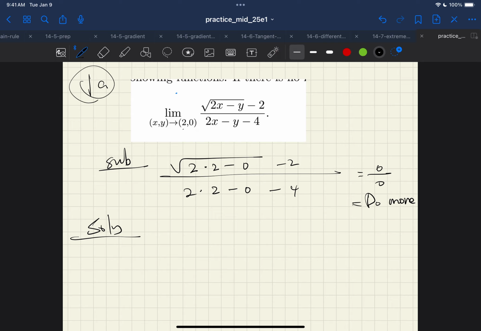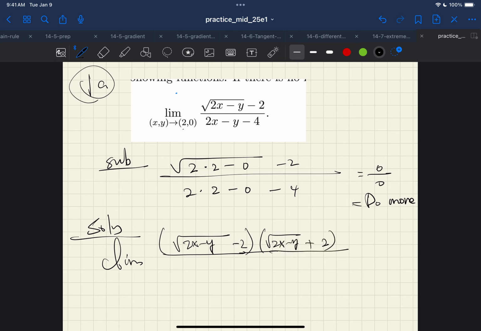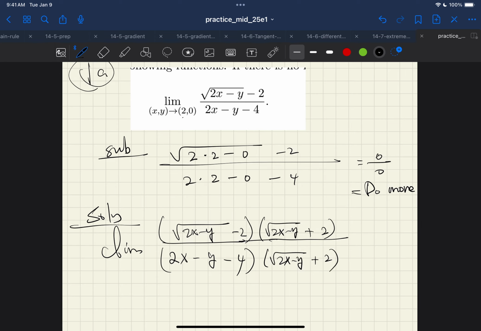So our solution in this case, we're going to simplify if it's possible. For this problem, it is possible because we want to rationalize the numerator. By rationalizing, I mean we can use the difference of squares formula. And in the denominator, I just copied, but I need to multiply by the same thing so that we don't change the original function.